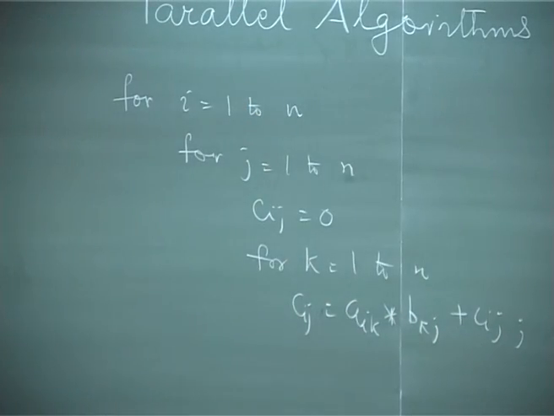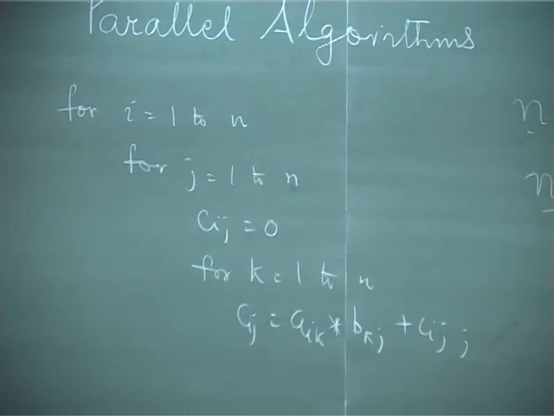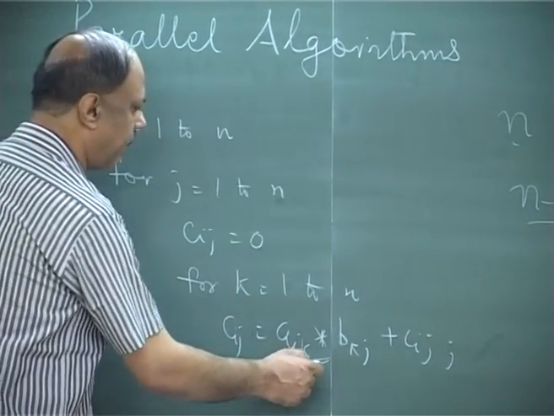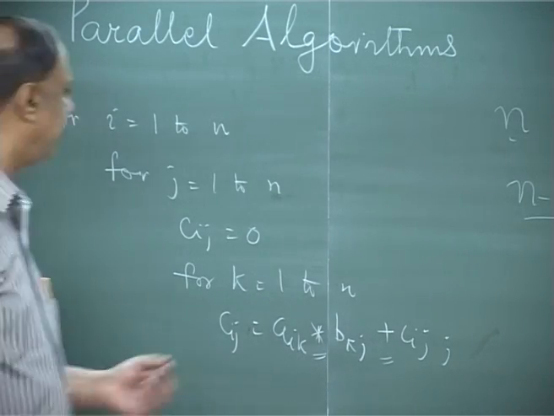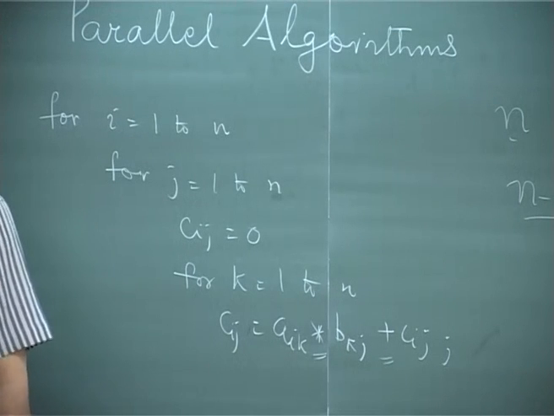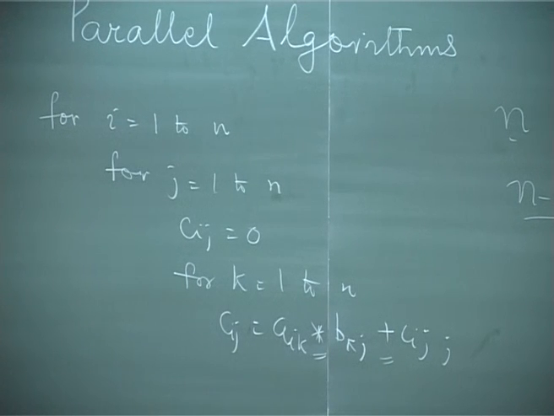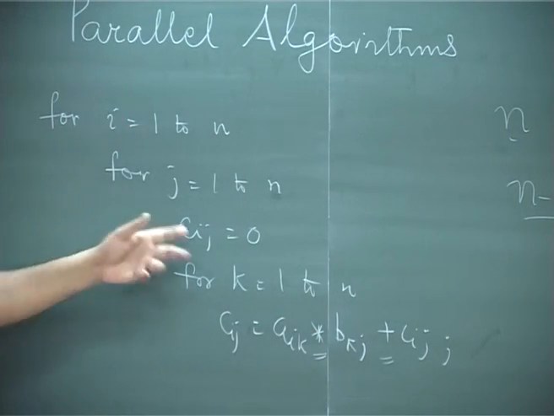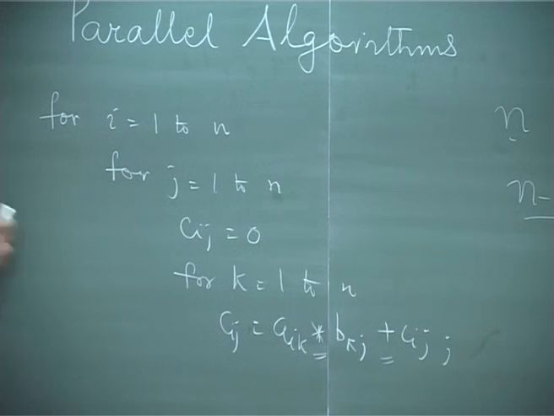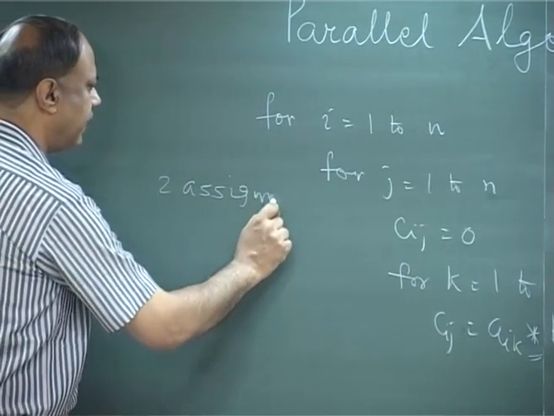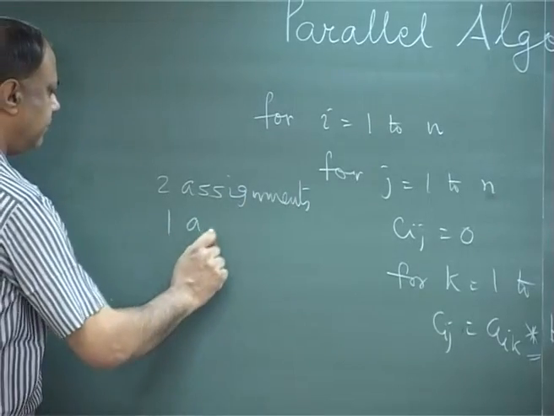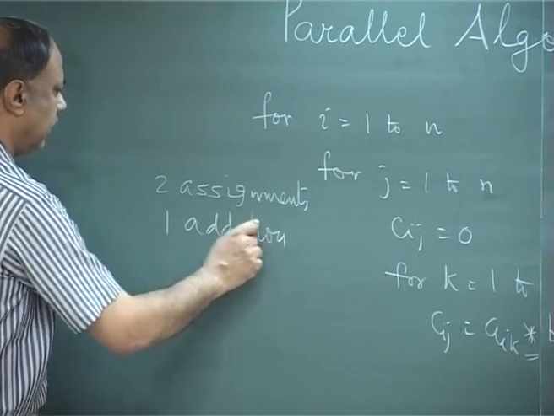This is a simple classical algorithm for matrix multiplication, and you observe that two types of operations are used: one is plus, another is multiplication. Now you know multiplication is costlier; it takes more time than addition. So the critical operation here is multiplication. If you look at the whole algorithm, there are two assignment statements, one addition and one multiplication.